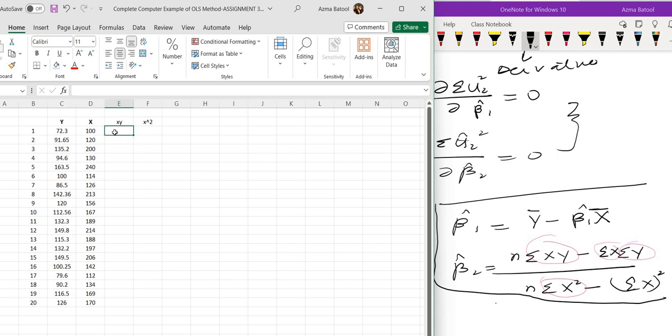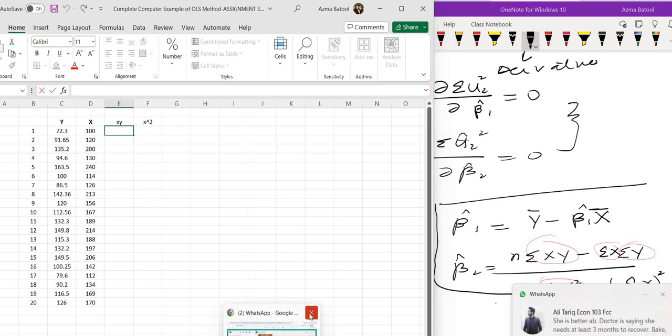For that, we need to convert the cell into a formula cell. For that, we just put in an equal sign here, right?